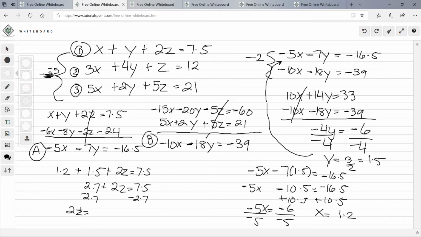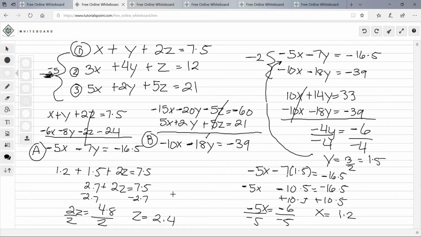2z equals, okay, 7.5 minus 2.7 is 4.8. Divide everything by 2, and then you get z equals 4.8 divided by 2, which is 2.4.